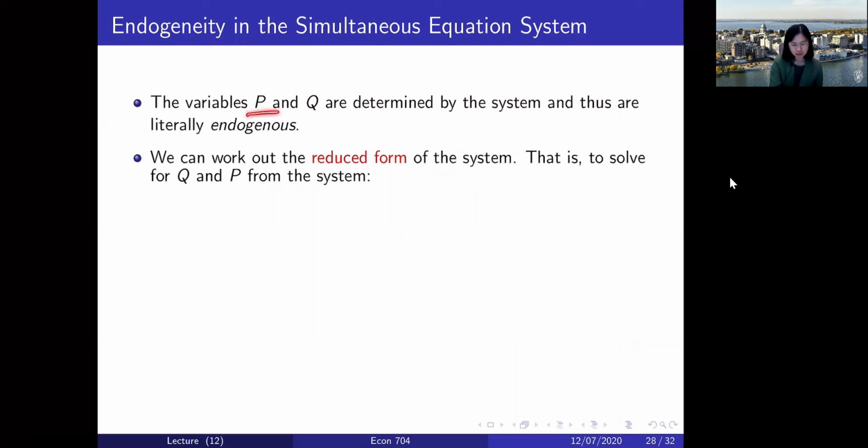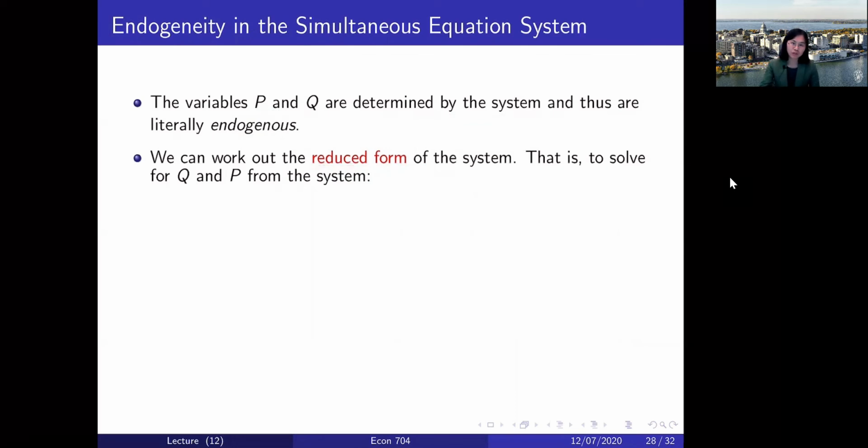The variables P and Q, price and quantity, are determined by the system, and therefore they are literally endogenous. We can literally see that by working out the reduced form of the system. So what's the reduced form of the system?